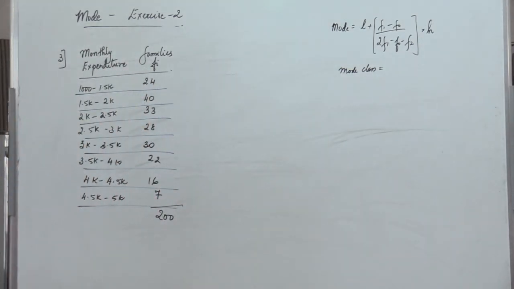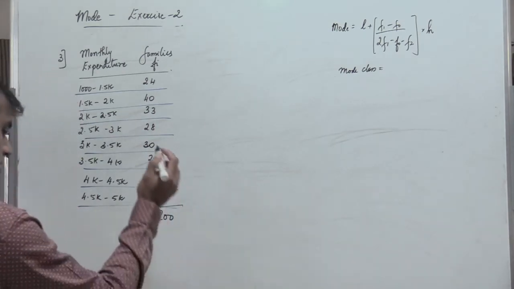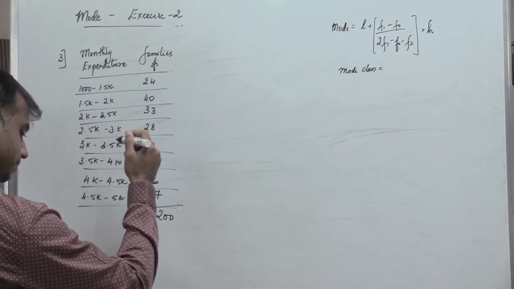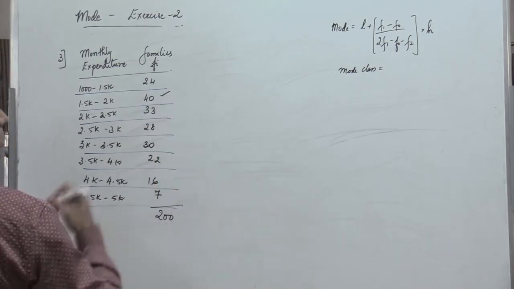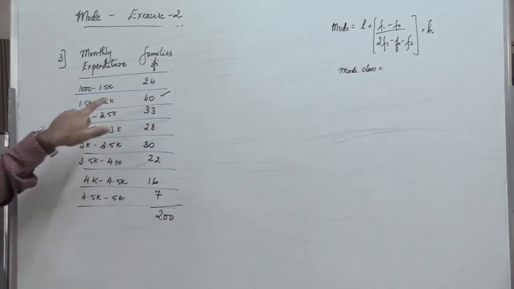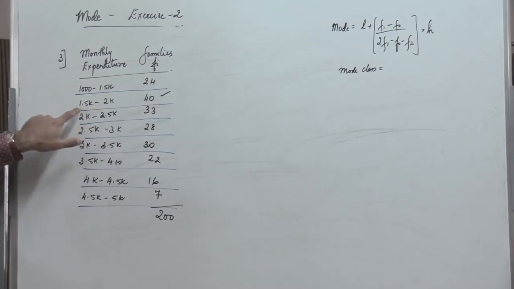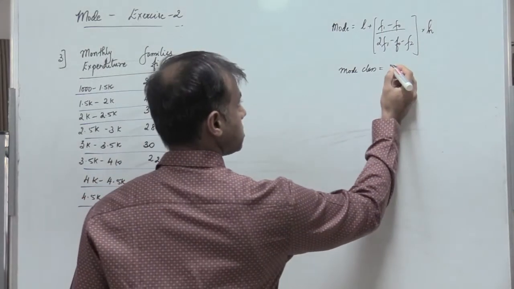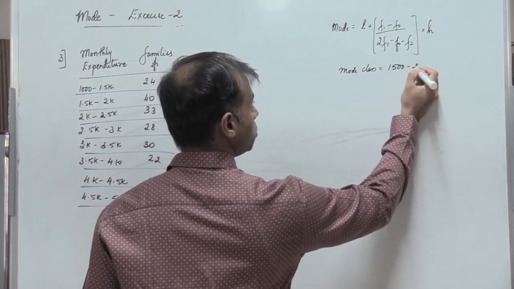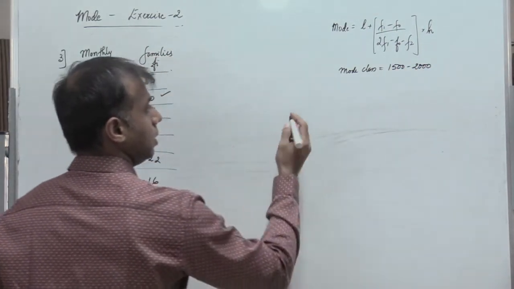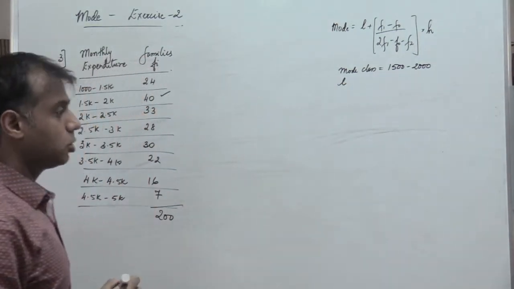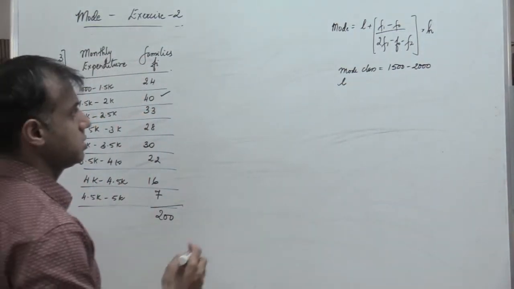So how do we find the mode? Find the maximum frequency. The maximum frequency is 40 and the mode class is 1500 to 2000, and the lower limit of the mode class is 1500.